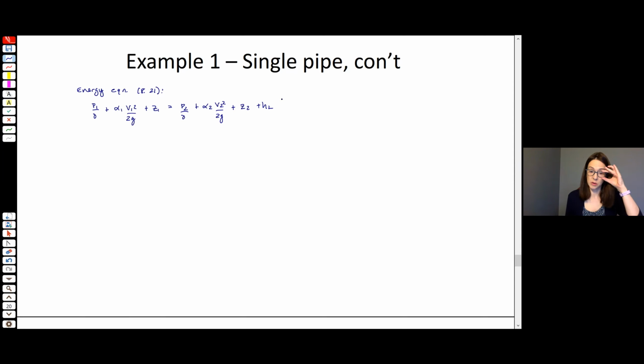Z1 equals 0. Z2 is equal to 20 feet. P2 is equal to 0, right? Because it exits into the atmosphere. It's a free jet.